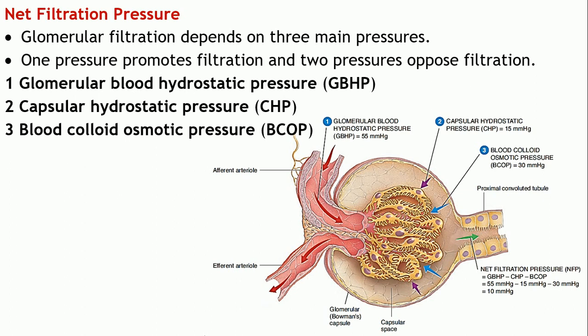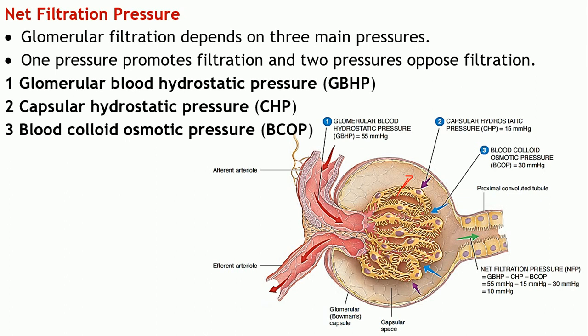Okay. So with this now you know how exactly the filtration is taking place. From where? What are the barriers which it has to cross? Now why this process is taking place? Why the blood which is entering over here into these capillaries, why it is moving out? And why only a specific amount of blood is moving out?